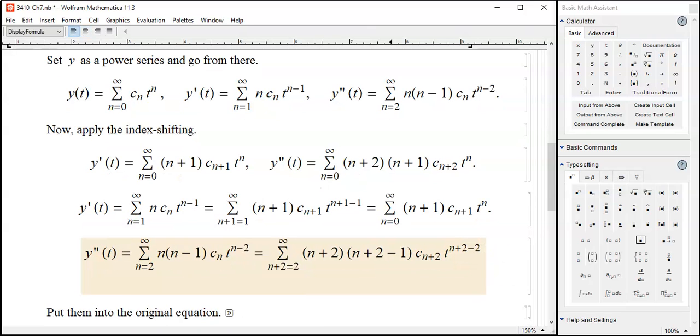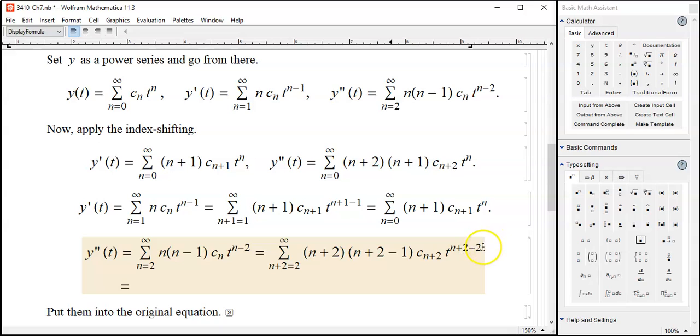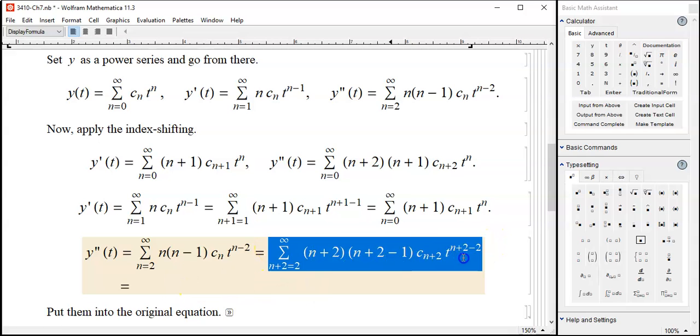How's this computation? Okay, did I change all the n's? Five n's into n plus 2, n plus 2, n plus 2, n plus 2, n plus 2. We got it. So that in the end we have t to the nth power. Okay, all right, we have it.